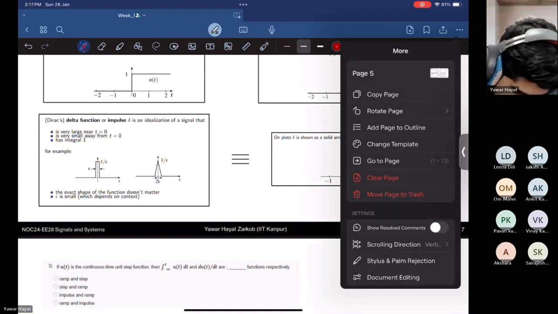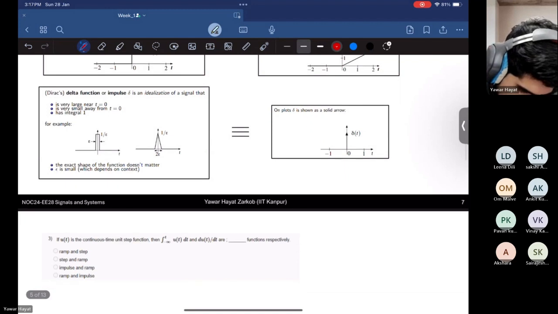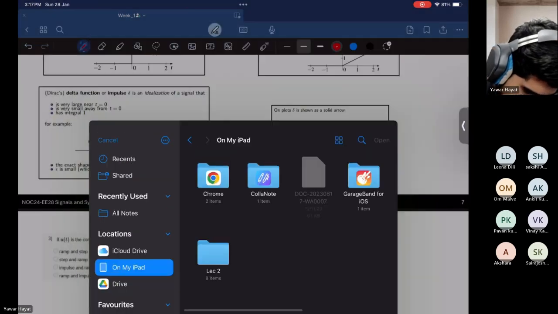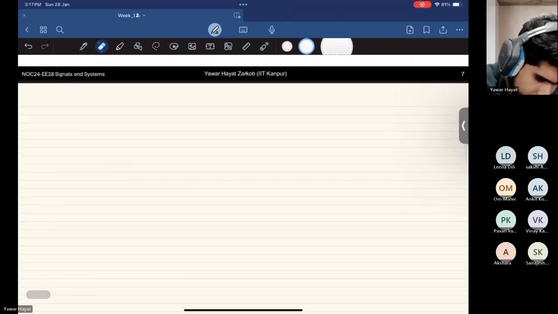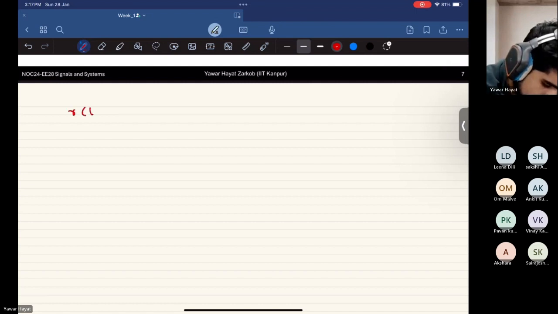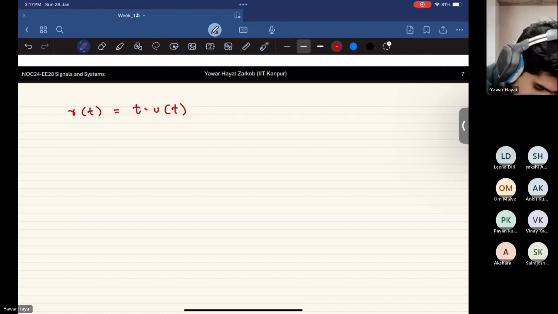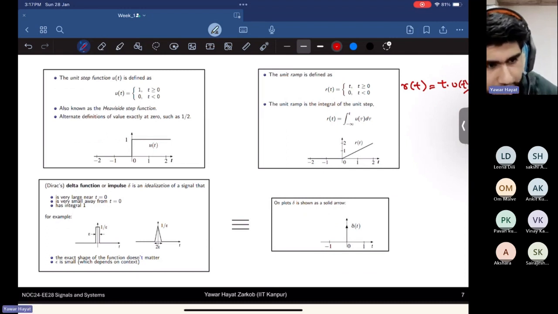So here I have written that we can write this r of t as the integral of the unit step.